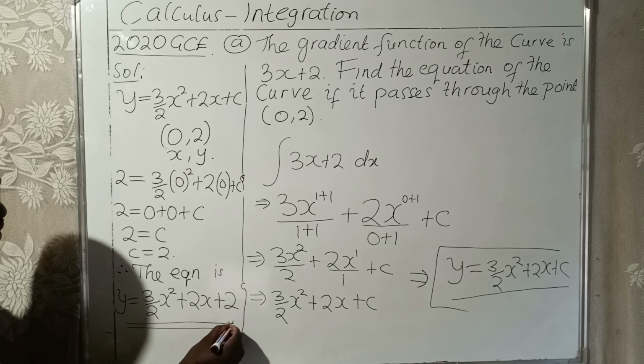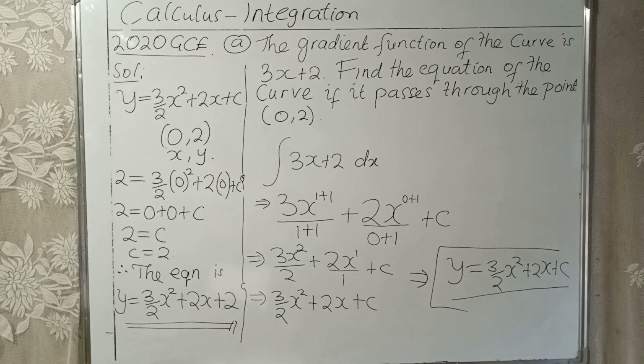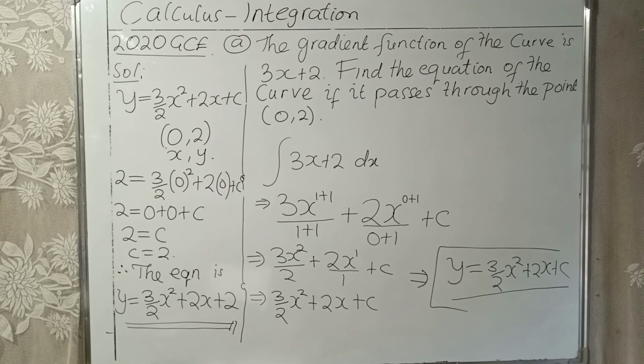This is the equation of the curve if it passes through the point (0, 2), whose gradient function is 3x plus 2.